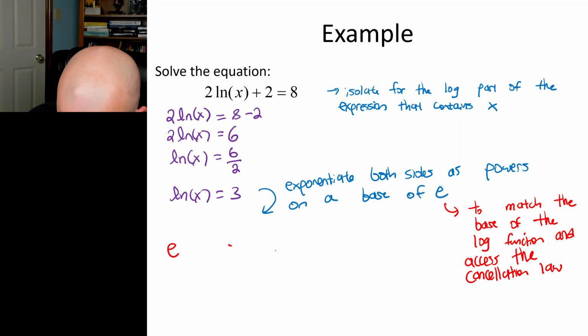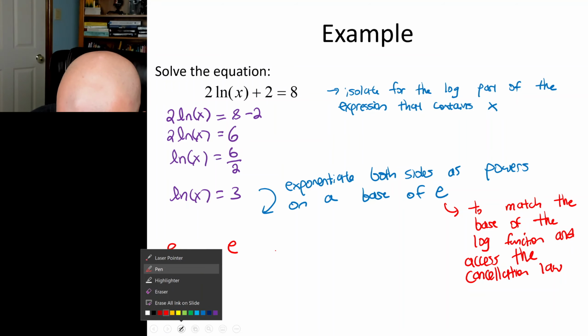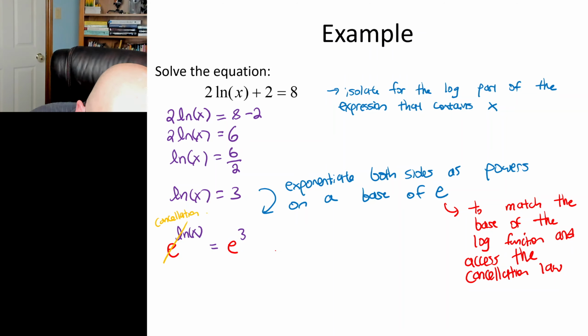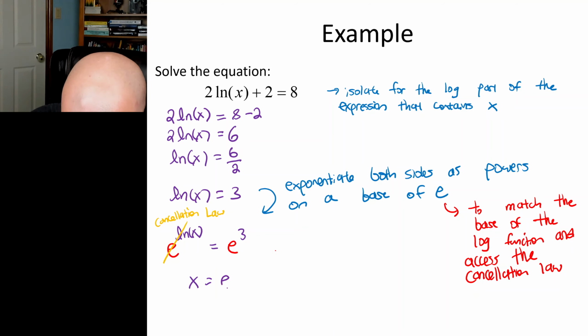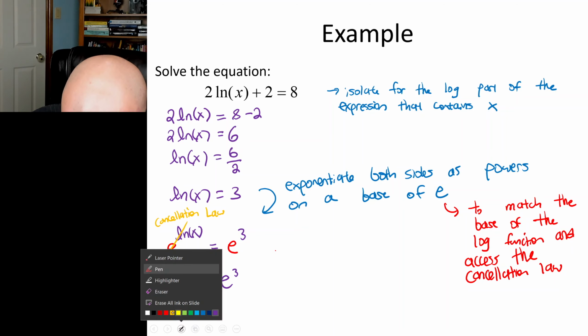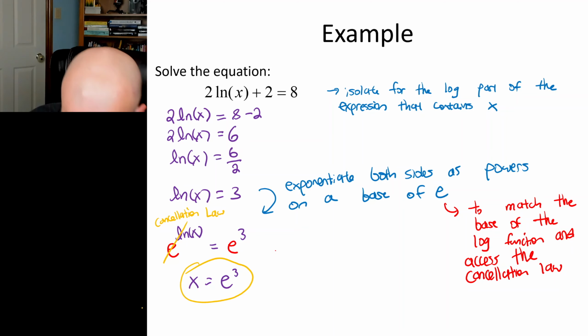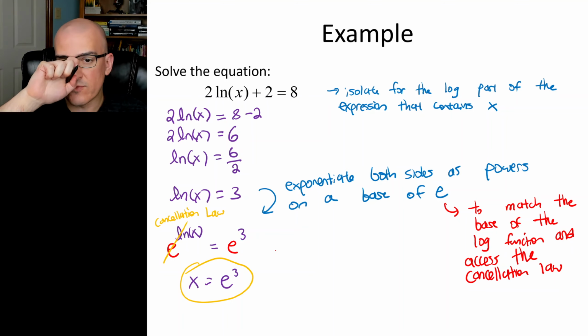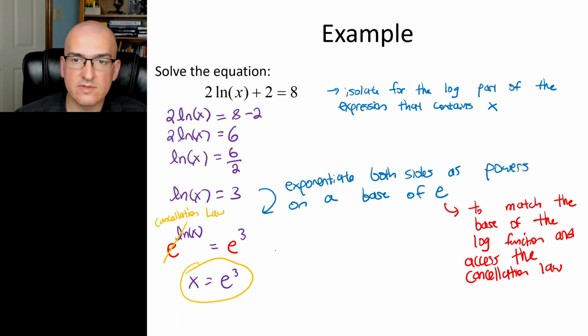E to the power of the left side is equal to e to the power of the right side. So e to the power of ln of x equals e to the power of 3. I have a cancellation law here. And I get my answer, x equals e to the power of 3. And that is the answer. 2.71828... raised to the power of 3. That's the number that x must be equal to.